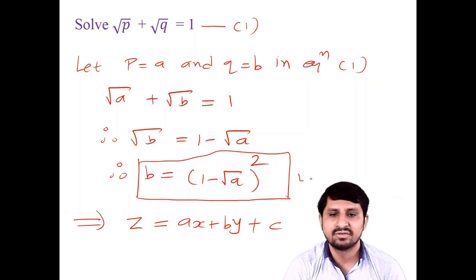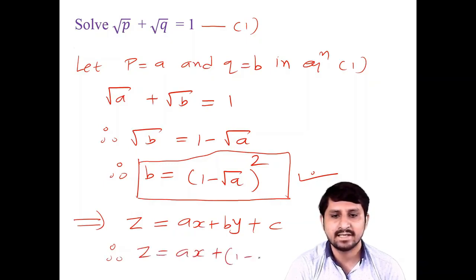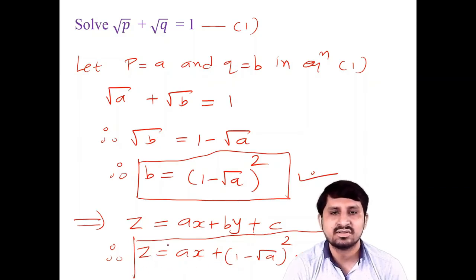So put this value of b in this equation. So z is equal to ax plus (1 minus root a) whole square times y plus c. So this is our final solution for the non-linear partial differential equation root p plus root q equal to 1.